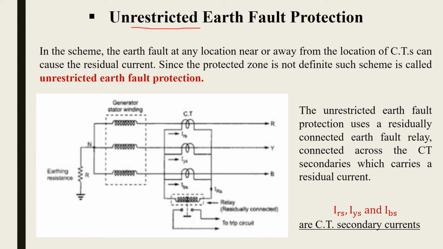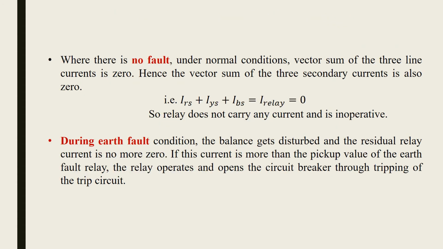IRS, IYS and IBS are the CT secondary currents. The relay current will be equal to the vector sum of the three secondary currents.